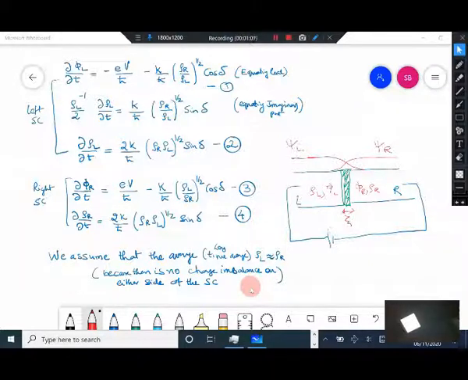It's not a DC charge imbalance. It's not like a capacitor, where there is a constant charge difference present on the two sides.